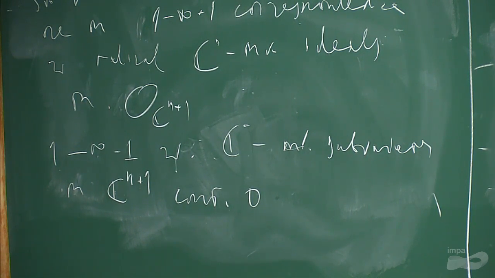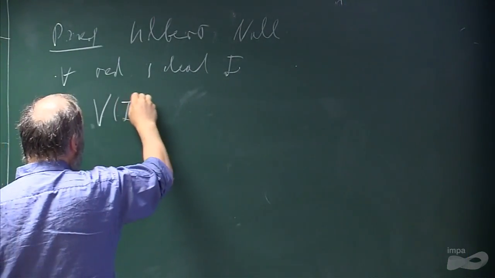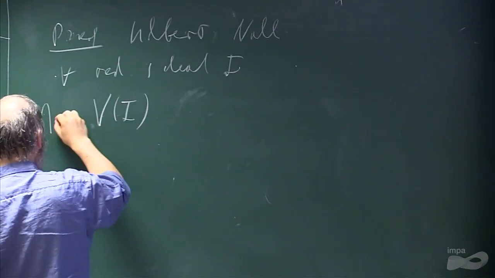By Hilbert Nullstellensatz, for each radical ideal I, you take its zero set V of I. You take the annihilator of this zero set.